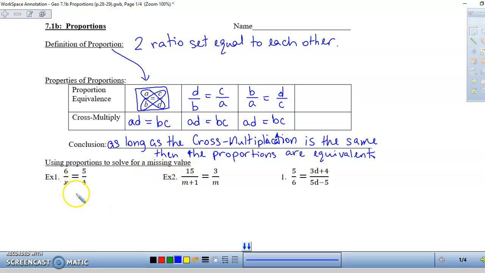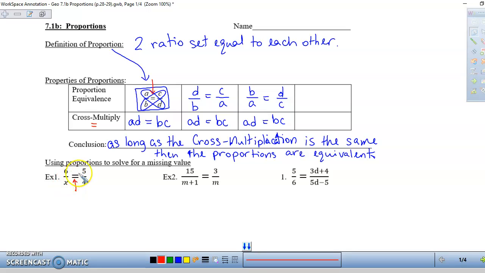First of all, it is super important that you recognize proportions have an equal sign between the fractions. So you're only going to cross multiply when you have an equal sign between the fractions. That's when you cross multiply. Okay, so here I see an equal sign between. So I'm going to cross multiply.